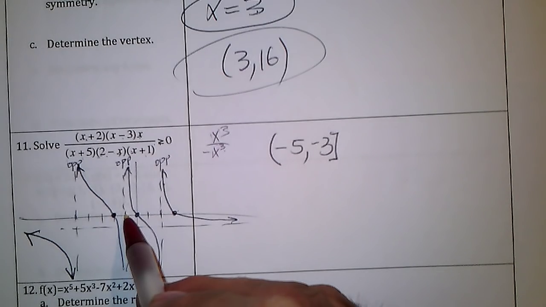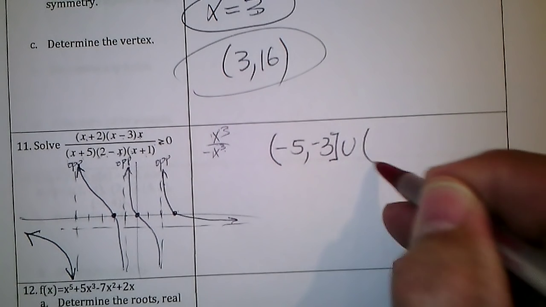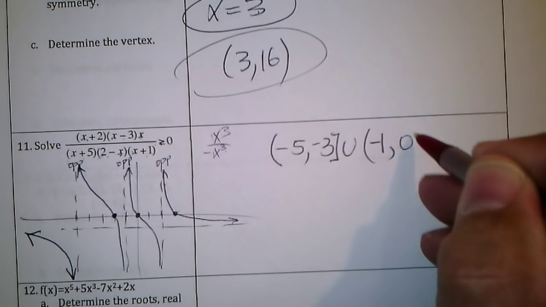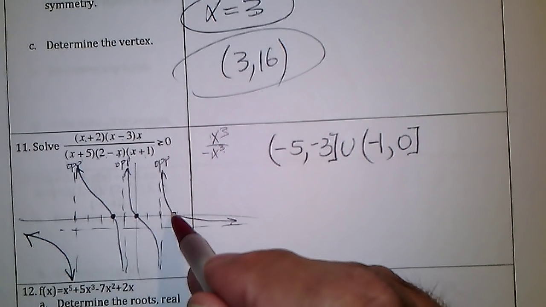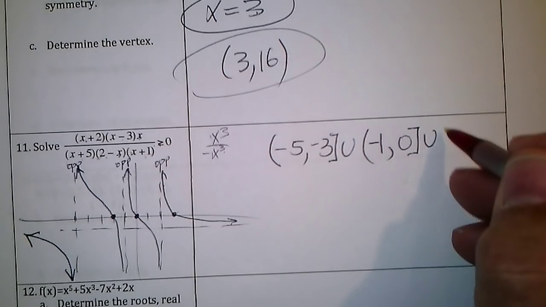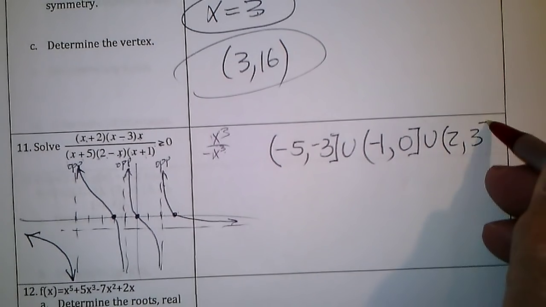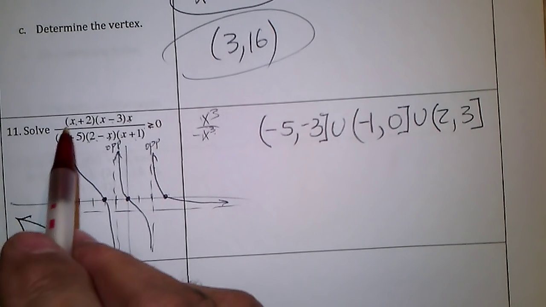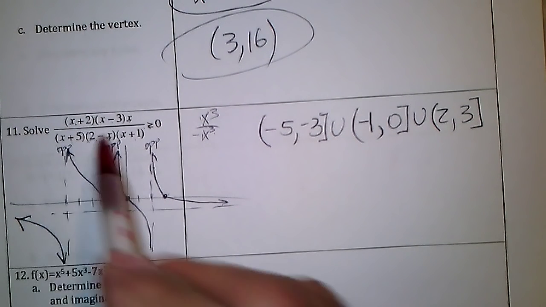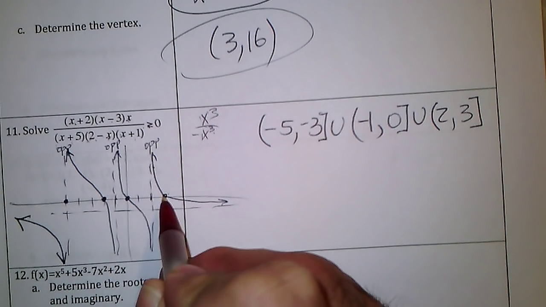And then from -1 to 0, we can include the 0, and from 2 to 3, not including the 2 up to 3. You can also just find all the points of interest, which would be this point, this point, this point, this point, this point, this point.